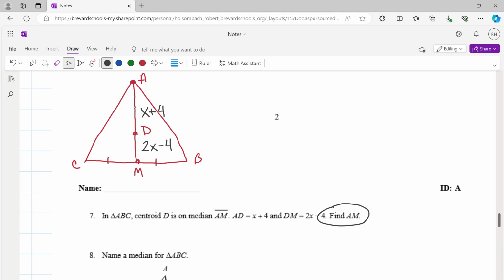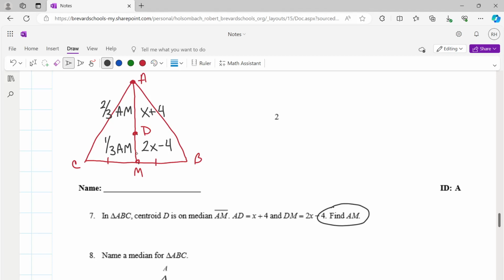We're going to say that AD is also equal to 2/3 of AM, which is the length of the whole median. And D to M is equal to 1/3 of AM. Agreed?